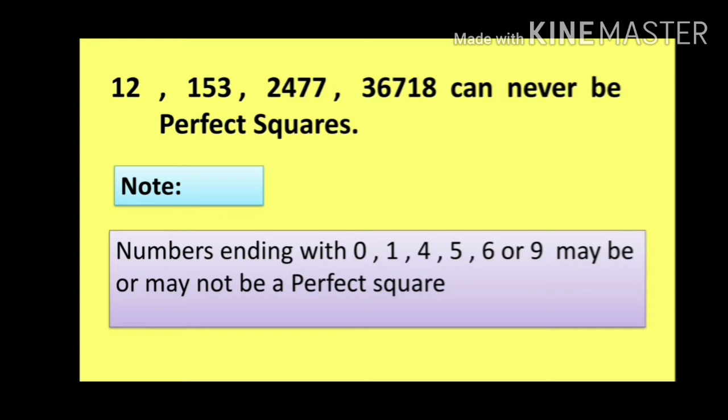Like the number 10. Now 10 ends with 0, but it's not a perfect square. A number like 34 ends with 4, but it is not a perfect square. So this is not a reason to become a perfect square. But we can say that if it ends with 2, 3, 7, 8, it is never a perfect square. So this property identifies whether it is a perfect square or not.